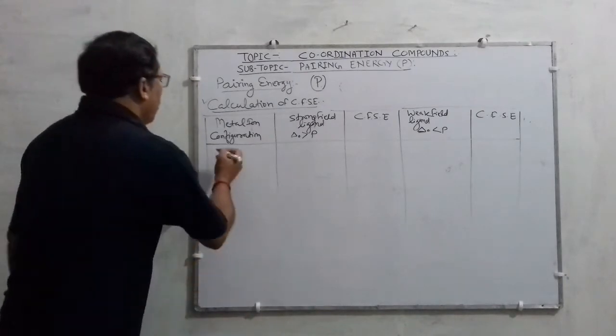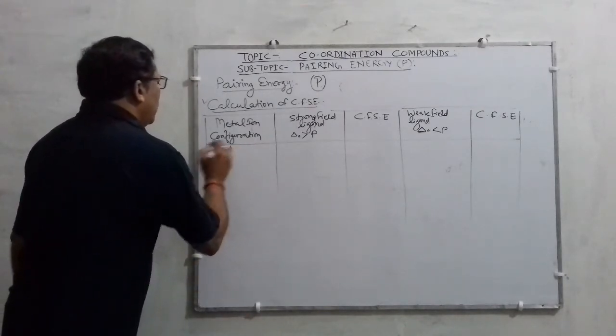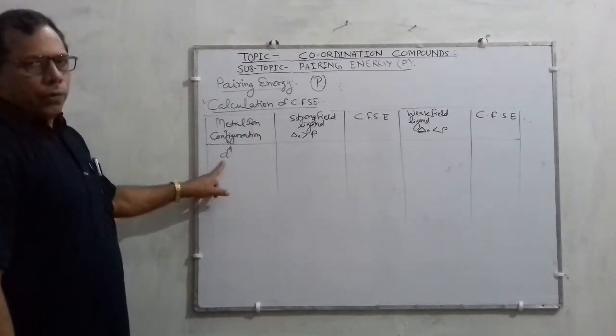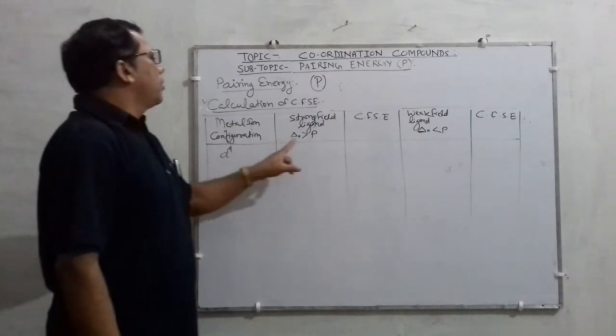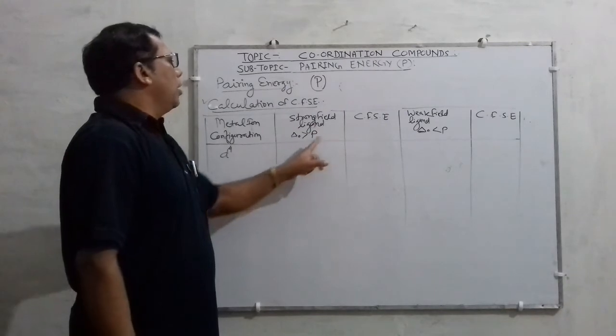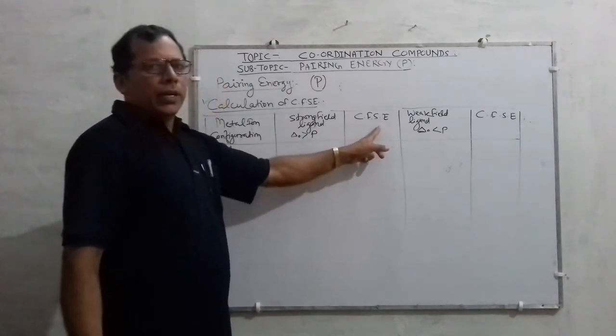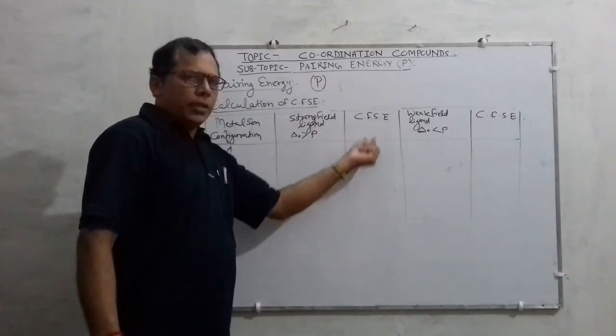Suppose, children, we have to find the d4 metal configuration. What will be its strong field case? How will it be calculated in the form of CFSE?